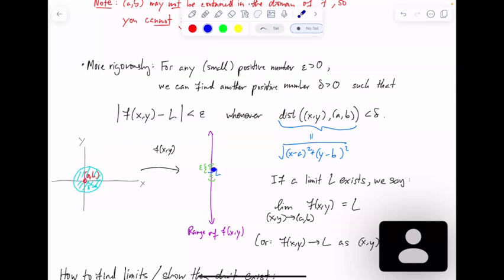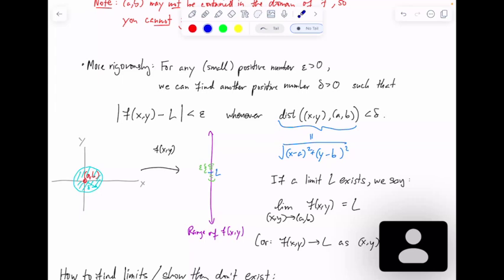How is it possible for you to be arbitrarily close to a single limit if, when you're arbitrarily close along this direction, you're always stuck at 1 or minus 1, and here you're always stuck at 1? There's no way for you to be infinitesimally close to (a, b) and approach a single value, because 1 and minus 1 are always fixed. They're really far apart.